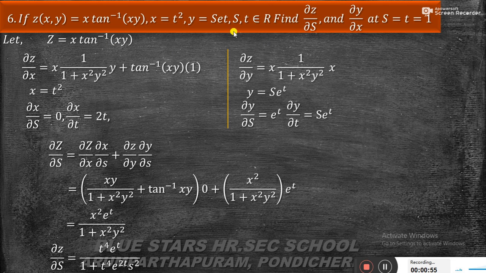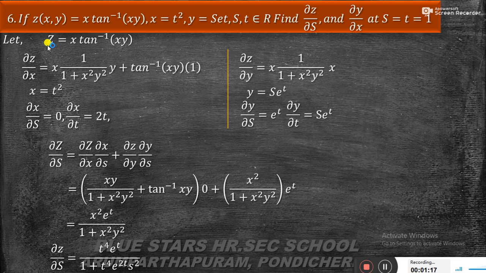First, ∂z/∂s means ∂z/∂x into ∂x/∂s plus ∂z/∂y into ∂y/∂s. Next, ∂z/∂t means ∂z/∂x into dx/dt plus ∂z/∂y into dy/dt.